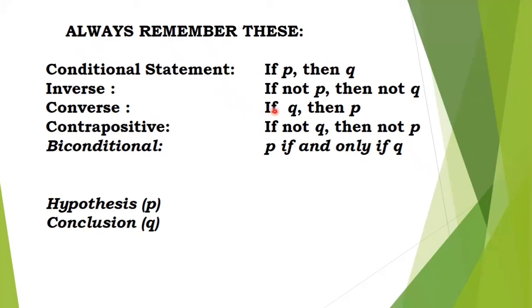Okay, the converse is, if Q, then P. So you will notice, pinagpalit lang yung P at yung Q. Interchange. So the converse, to get the converse, you will just interchange P and Q, or the hypothesis and the conclusion. Oh, and the contrapositive will be the negation of the converse. If not Q, then not P.